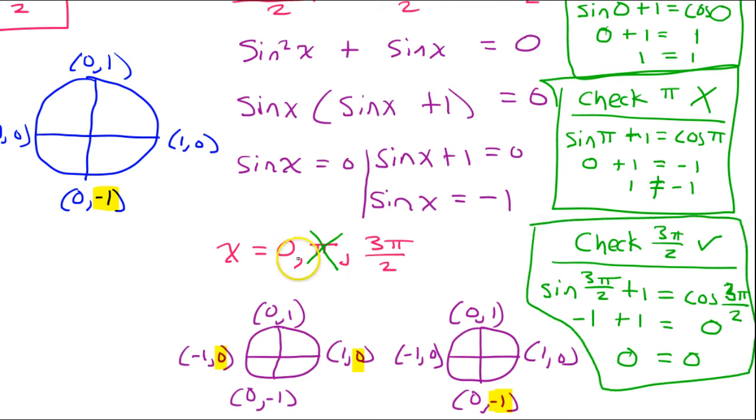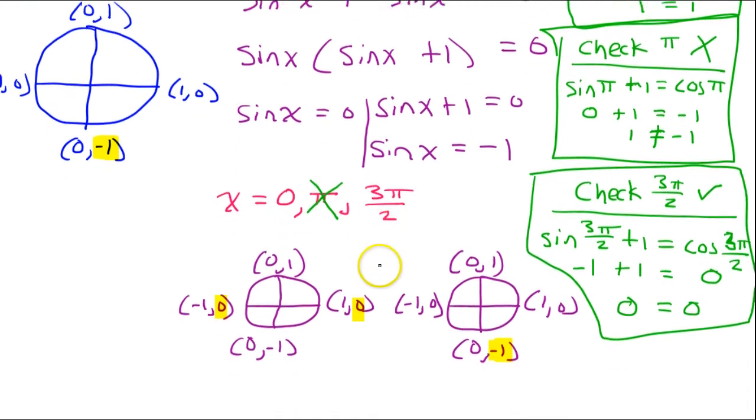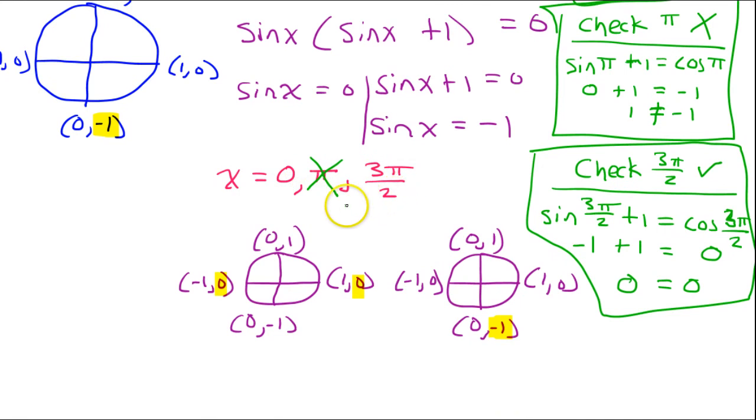So in the end we're left with 2 solutions. I really can just take this pi solution and erase it, because I only have 2 solutions, since the pi one just didn't work out.